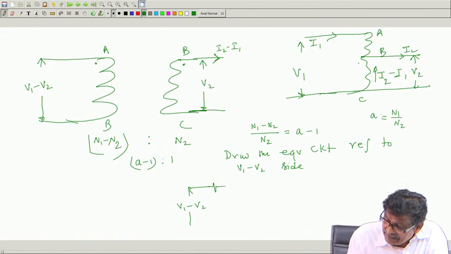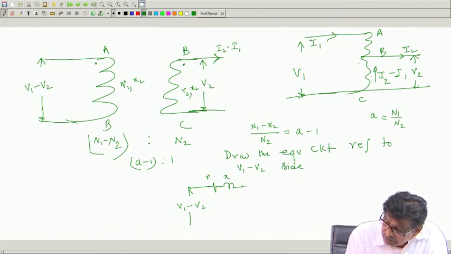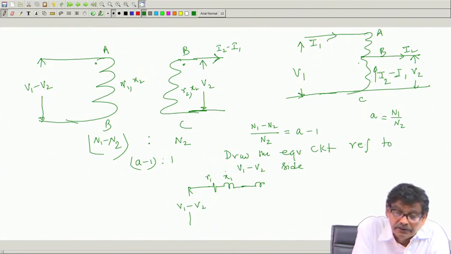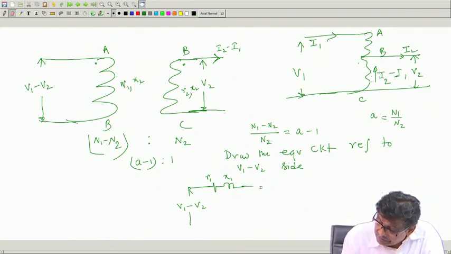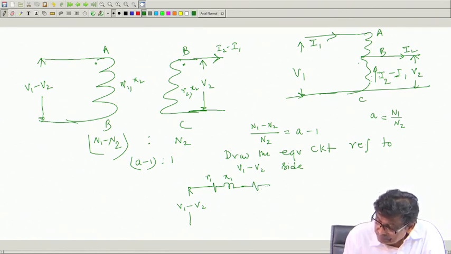Then there is R1, there will be X1, this winding R1 X1. This winding BC I have assumed R2 X2. So, this will be R1 X1, and this will be R2 dashed and X2 dashed.